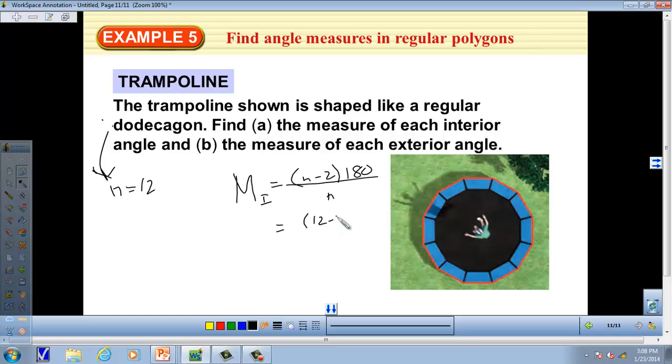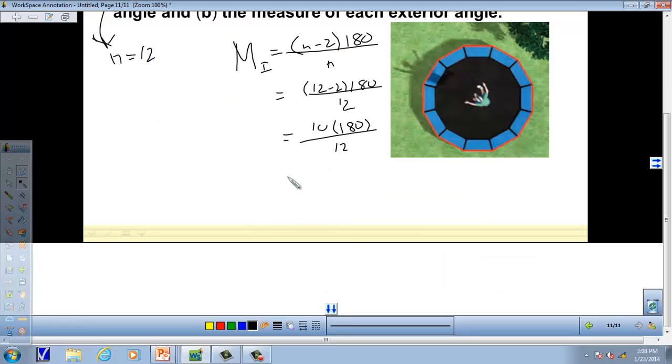So 12 minus 2 times 180 all over 12, or in this case, 10 times 180 divided by 12. I'm going to need a calculator here. 10 times 180 gives us 1800, and we divide that by 12. That gives us 150 degrees.